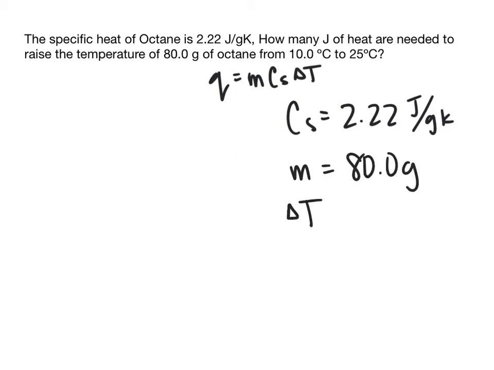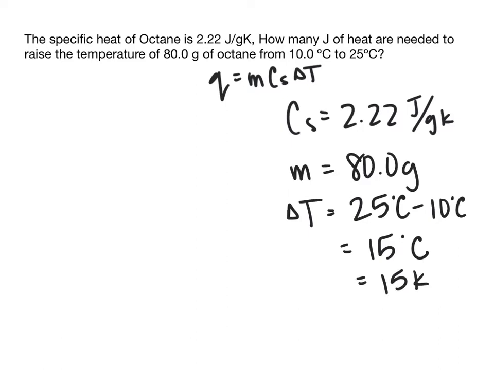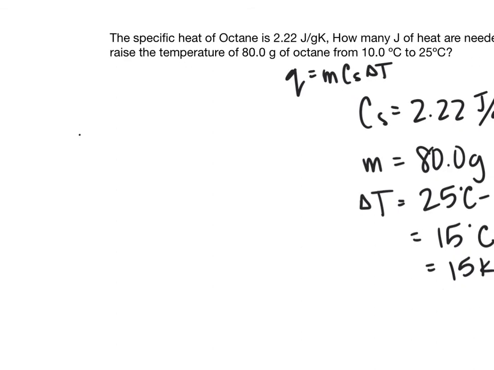And delta T is going to be 25 degrees Celsius minus 10 degrees Celsius, which is going to give us 15 degrees Celsius, also equal to 15 Kelvin. So from here, we can plug this into our calculation where Q equals m C sub s delta T. So we have a mass of 80.0 grams.